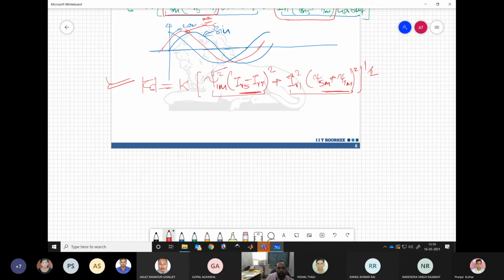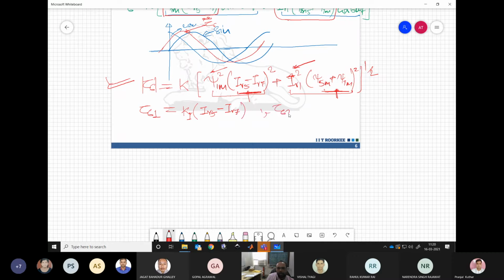So here the fundamental flux and fundamental rotor current, we cannot do anything about these because this is our system requirement. We cannot eliminate these two. But the only thing we can do is play with the harmonic components which are there. So the first term, let us call it tau 6 1, is proportional to k1 times IR5 minus IR7.